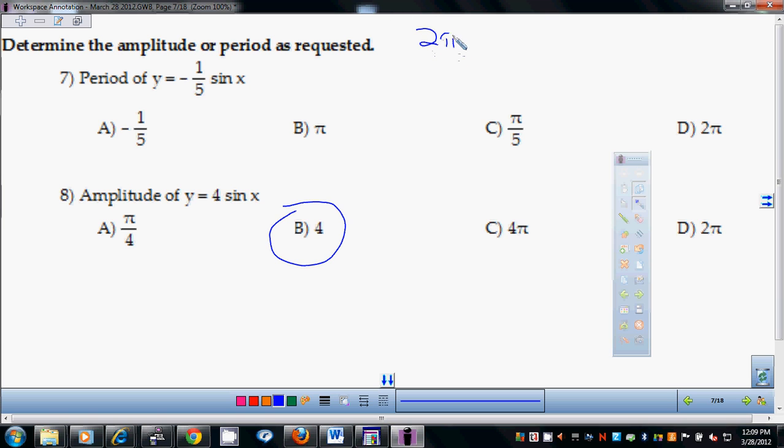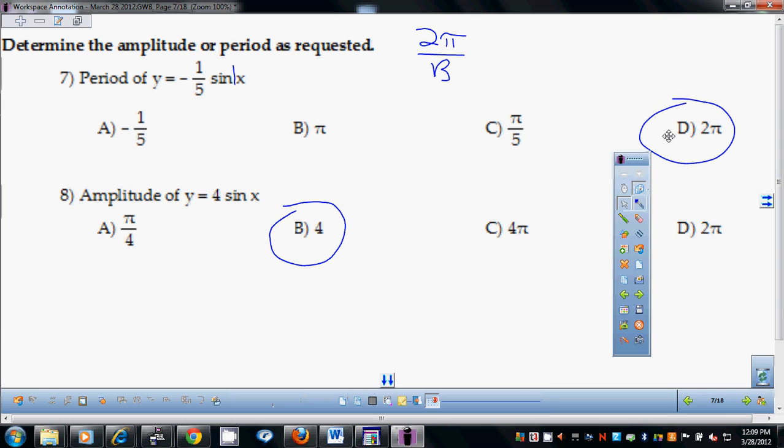2 pi over b. That's correct. Your b value is the number being multiplied by your theta, or in this case, your x. What is being multiplied by x here? That's right. There's no number, so it's just 1. So 2 pi over 1 gives you 2 pi. So the period is 2 pi. We're also going to do a phase shift and a vertical shift problem.